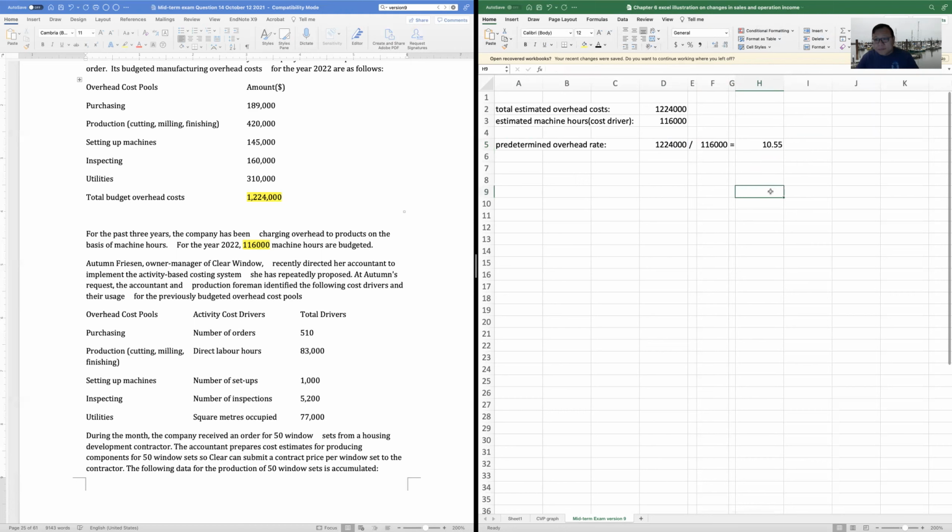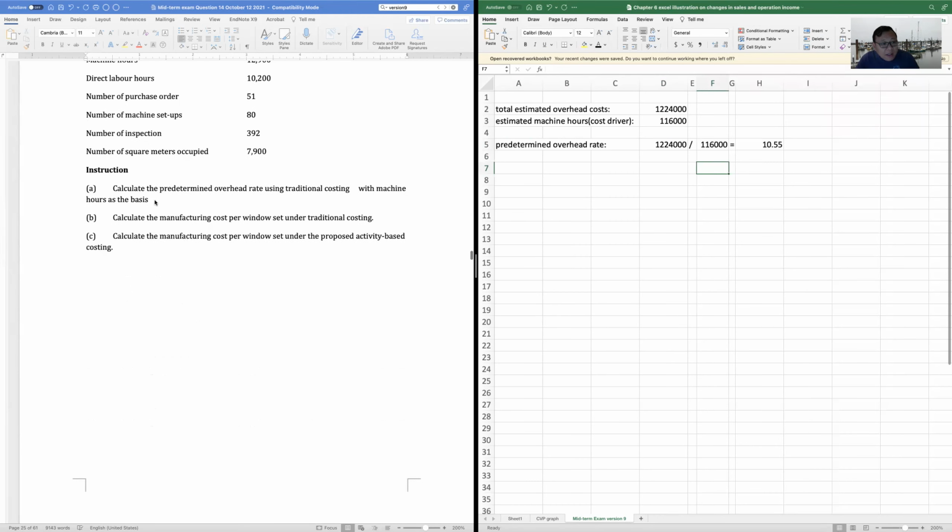So that's my first question. The first question was asking, calculate the predetermined overhead rate using traditional costing, with the machine hour as the basis. So we are done with the first question, right? This is the traditional costing, and there's only one predetermined overhead rate.